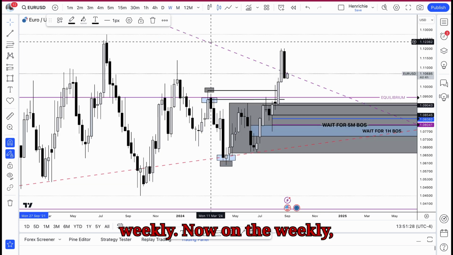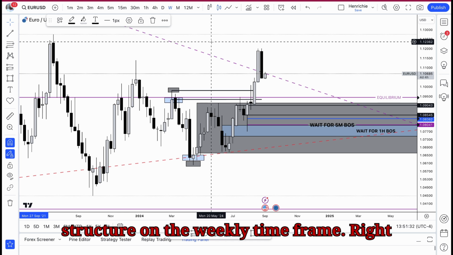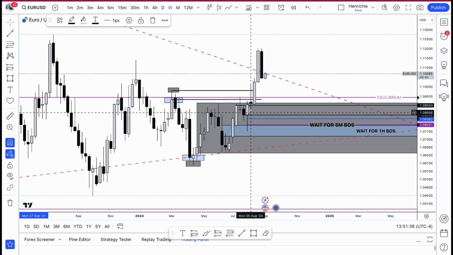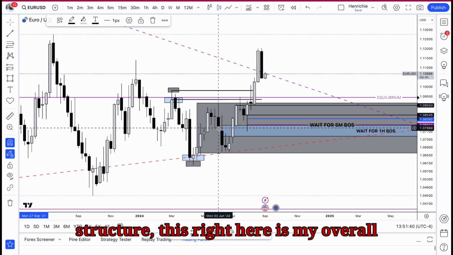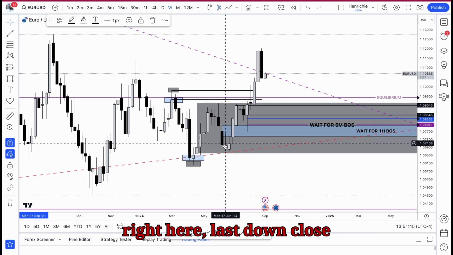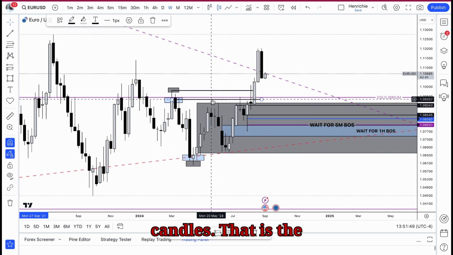We go to weekly. Now on the weekly, I'm seeing very significant breaks of structure on the weekly time frame. Right here, we'll have a weekly high, weekly low, break of structure. After this break of structure, this right here is my overall last down close candles.